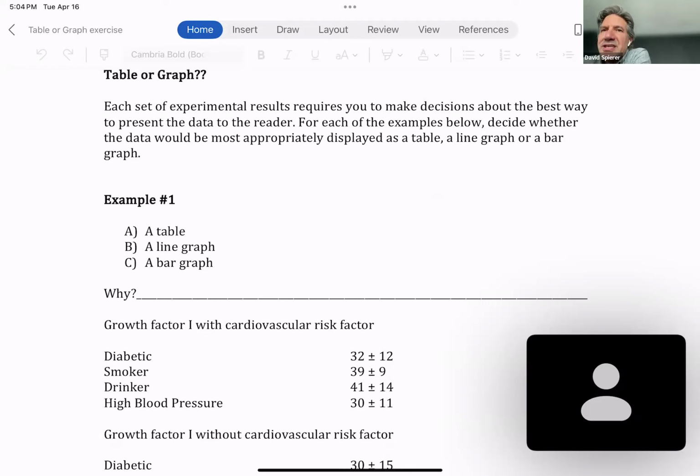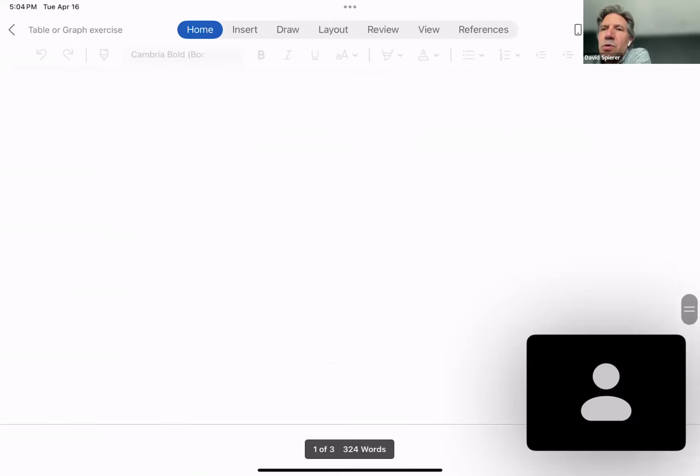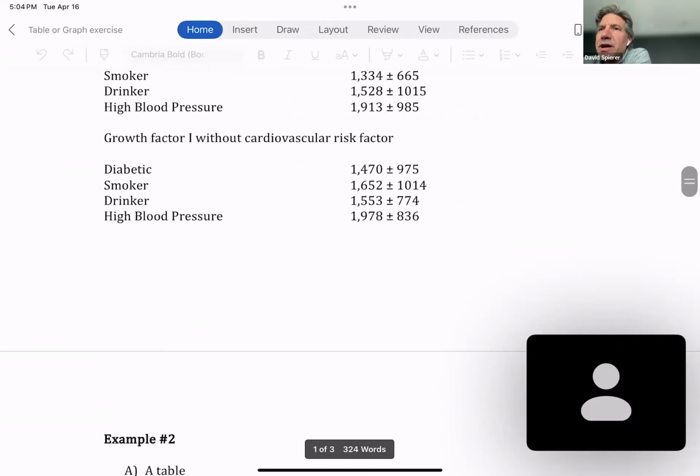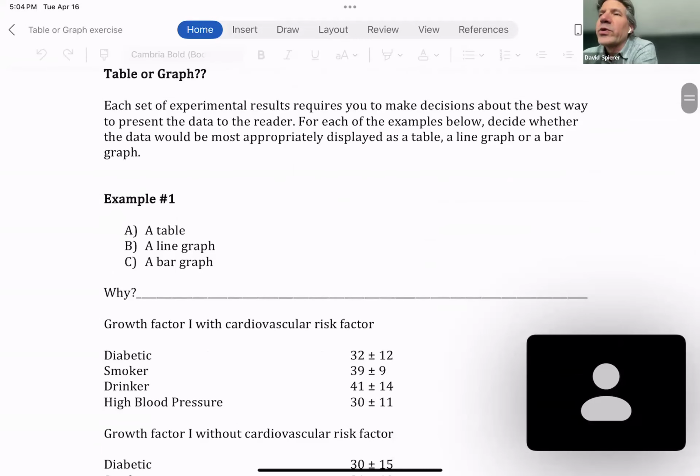Now, you could choose the same type of graph for each one of these examples, and there are 3, or you could choose a table for one, a line graph for another, a bar graph for another, or vice versa, or however you want to do it.